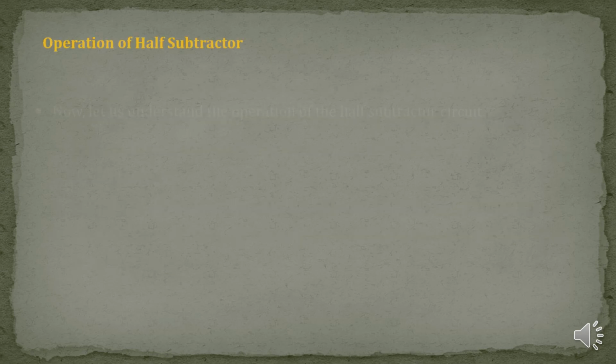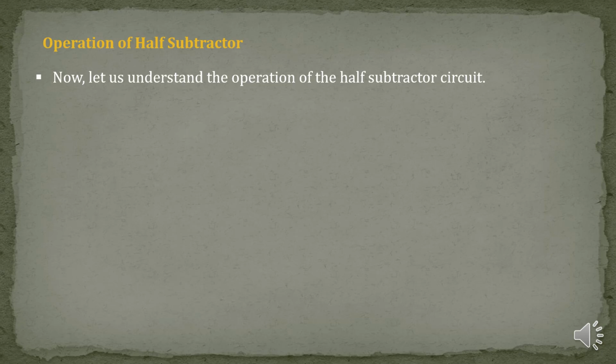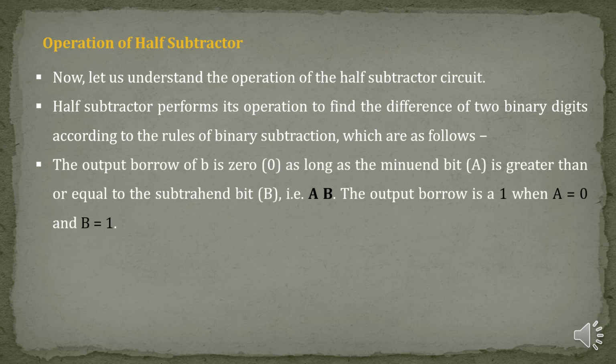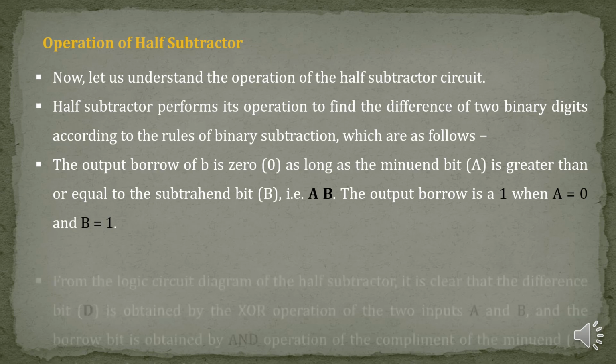Operation of half subtractor. Now let us understand the operation of a half subtractor circuit. Half subtractor performs its operations to find the difference of two binary bits according to the rule of binary subtraction, which are as follows. The output borrow B is 0 as long as the minuend bit A is greater than or equal to the subtrahend bit B. The output borrow is 1 when A is equal to 0 and B is equal to 1.